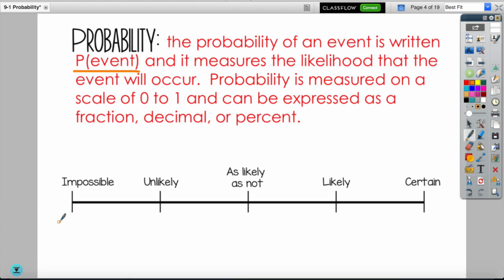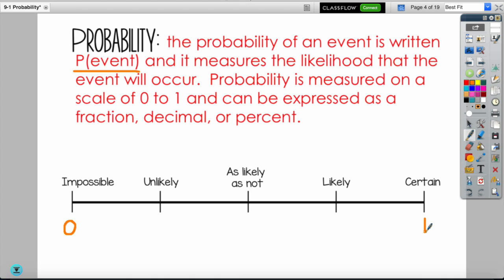So it is possible for you to have a probability that's impossible, which means there is a 0% chance of it happening. Or you can have a probability that is certain, which is 100% likely to happen. This can be converted into a decimal, but 0% as a decimal is just 0, and 100% as a decimal is actually just 1.